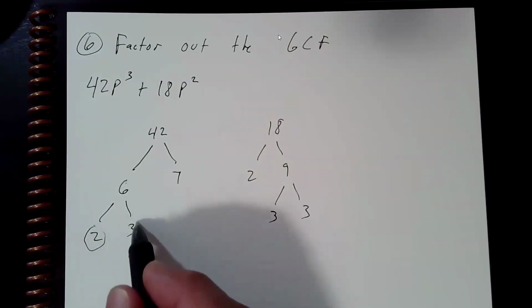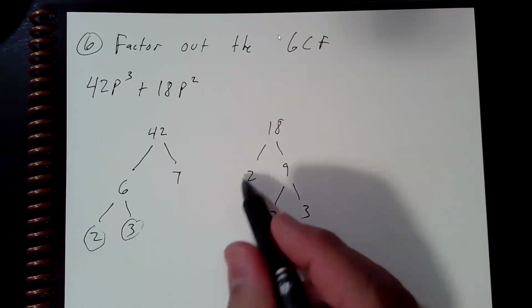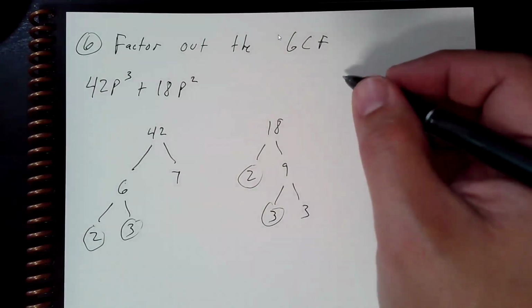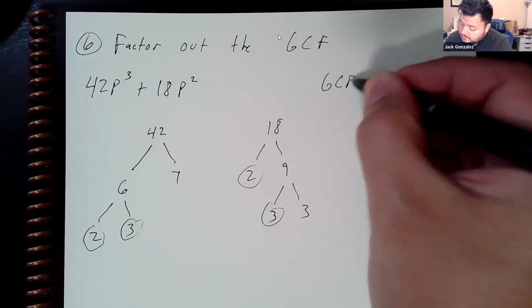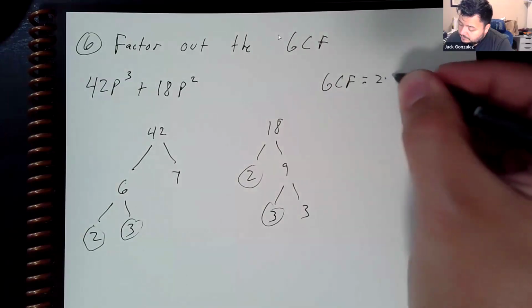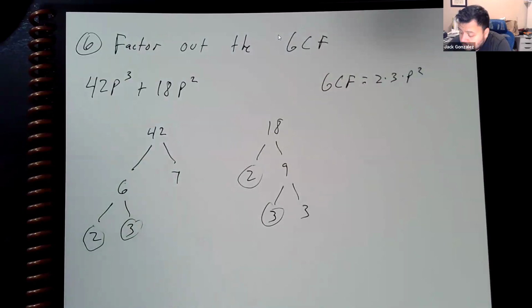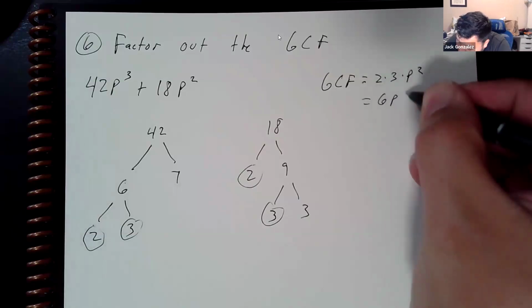So would the answer read as 2 times 3 times p squared? So yeah, the GCF is gonna be 2 times 3 times p squared. So that's what we're gonna factor out. Or in other words, 6p squared, right?